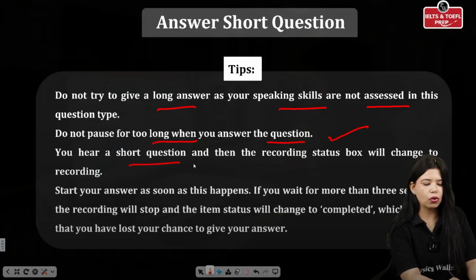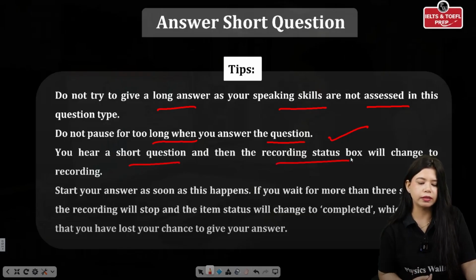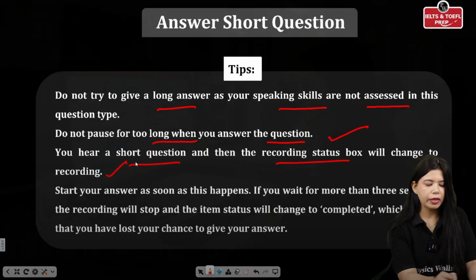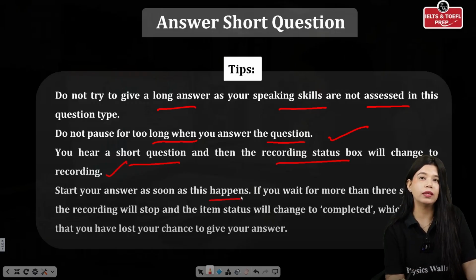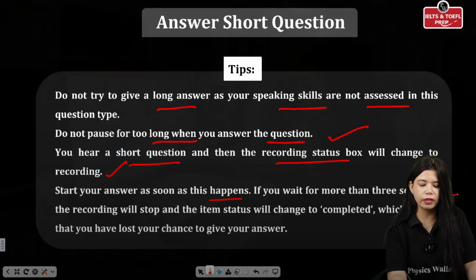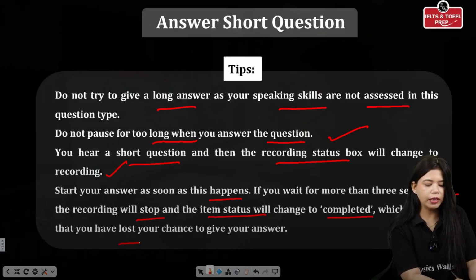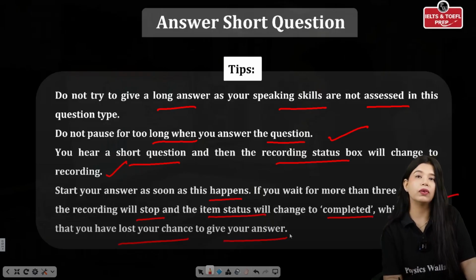You hear a short question and then the recording status box will change to recording. Start your answer as soon as this happens. As soon as you see that the status has changed to recording, please start speaking. If you wait for more than 3 seconds, the recording will stop and the item status will change to completed, which means that you have lost your chance to give your answer.